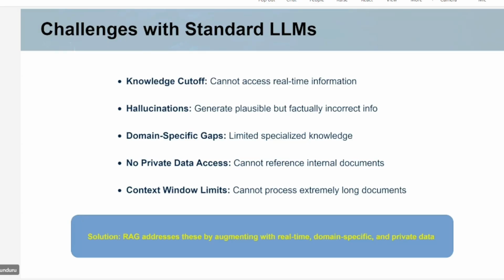Hallucinations: generates plausible but factually incorrect information. You start discussing with a particular LLM, and you bombard it with a lot of questions. At some point, the language or grammar you have used may not be understood by the LLM.